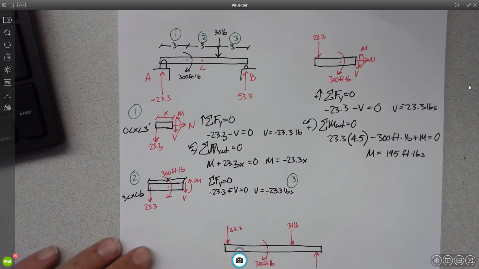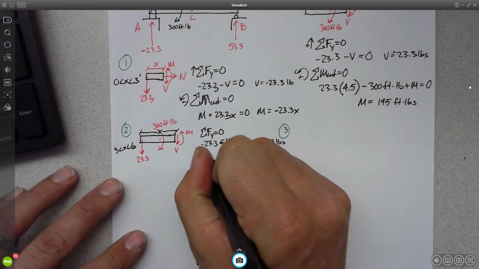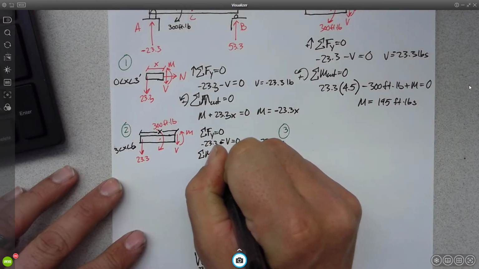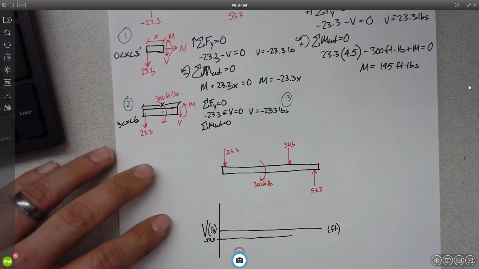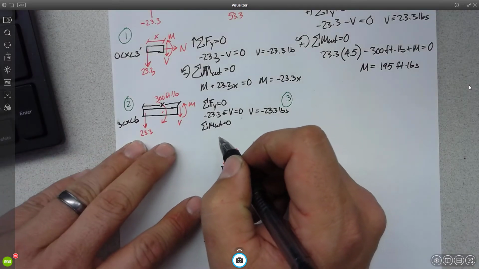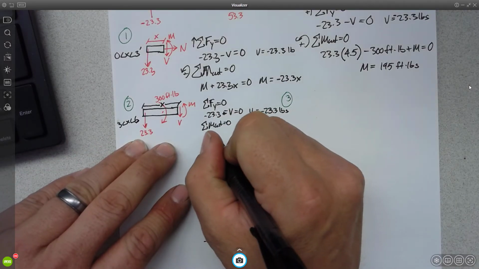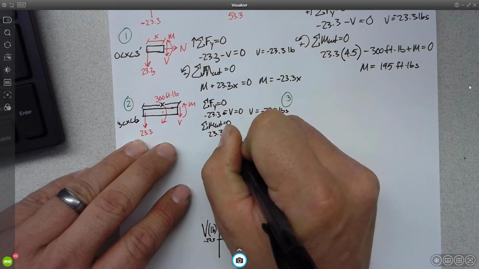Yep. Okay. So now let's sum the moments about the cut. Moments about the cut, let's see, we will have 23.3 times x, right?